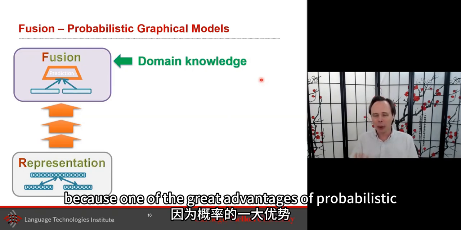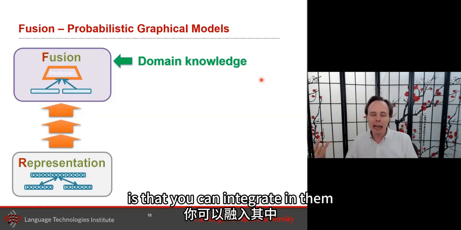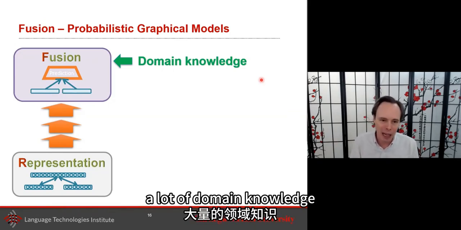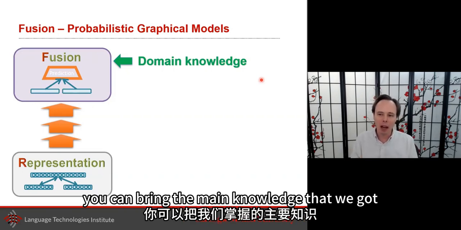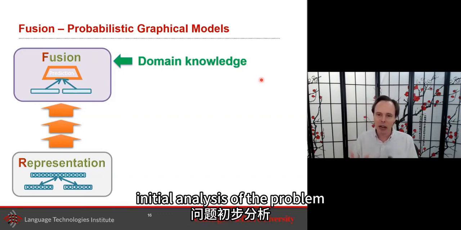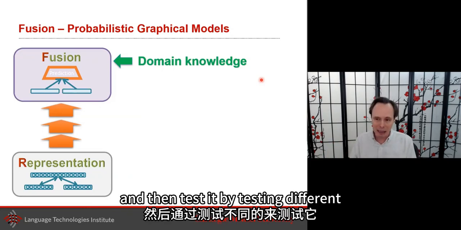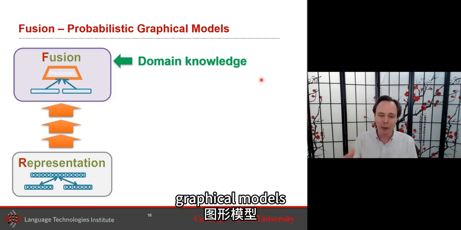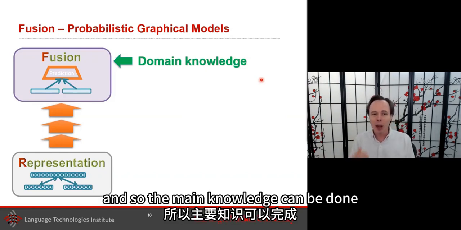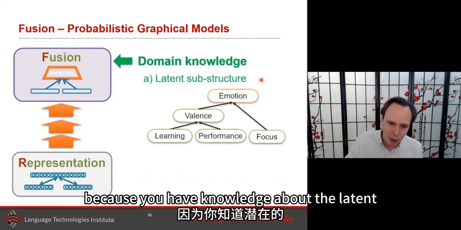Because one of the great advantages of probabilistic graphical models is that you can integrate a lot of domain knowledge in them. You can bring domain knowledge that we got from talking to experts or from initial analysis of the problem, or you can also just create a research hypothesis and then test it by testing different graphical models. Domain knowledge can be used because you have knowledge about the latent substructure.